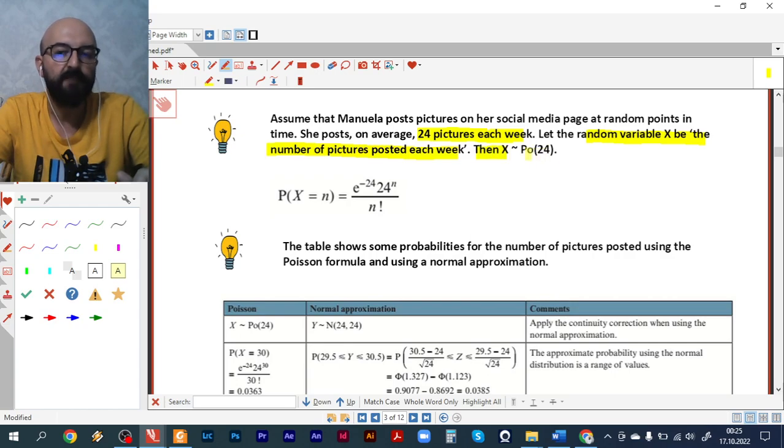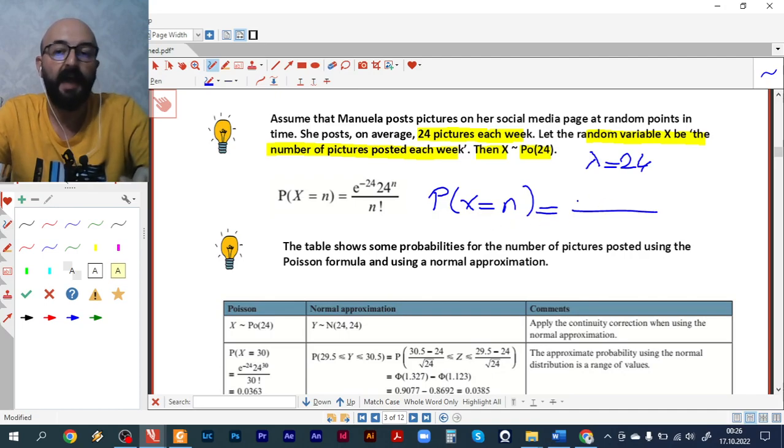Then x follows Poisson distribution 24, where 24 means lambda. If you want to find the probability of any n value, you can use the Poisson probability formula: 24 to the n over n factorial, multiplied by e to the minus lambda, minus 24.